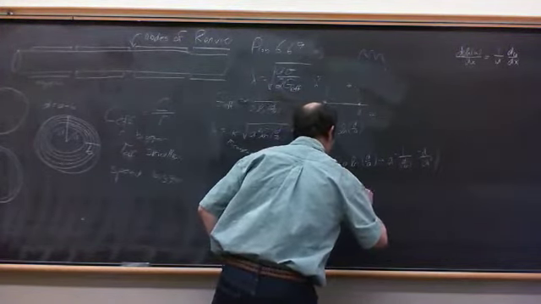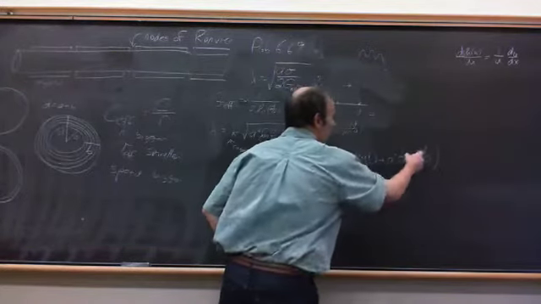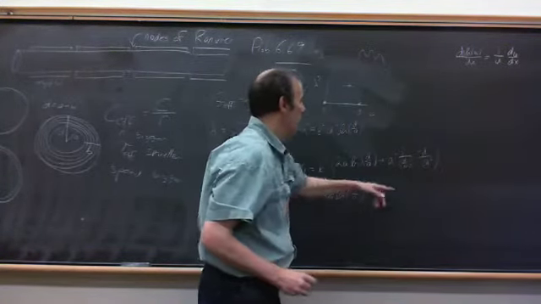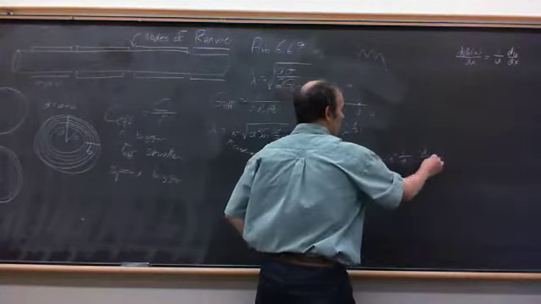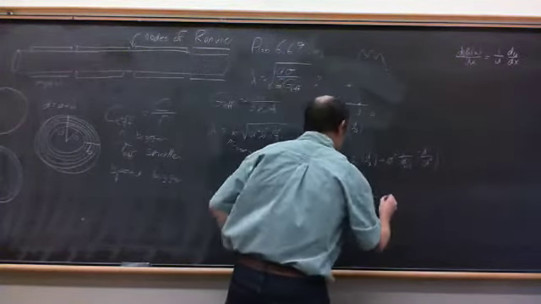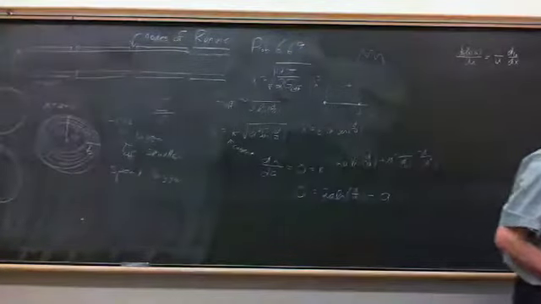Here's your 2A log D over A, and there you've got a minus sign, and you have a D here that cancels that D, and A squared cancels that A squared, and this A comes up. You get an equation that looks like this.